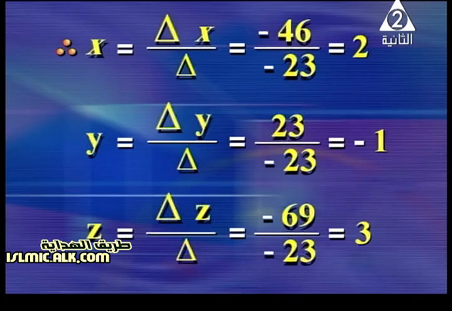But if we have three unknowns x, y, z, we need three equations to find the values of x, y, and z. By using determinants, we solve any system of equations as matrices.